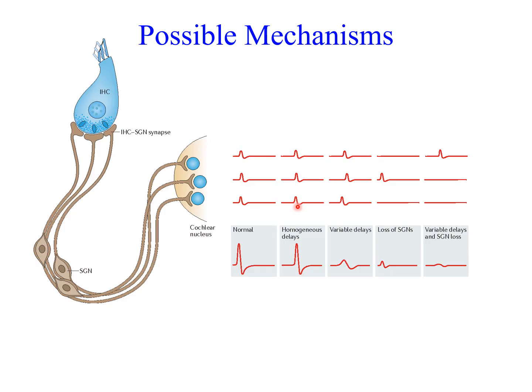All action potentials got delayed, say 1 millisecond. When you add them all together, they still give you a very nice looking waveform. It's just delayed for 1 millisecond as an example. So if the delays are constant, it's not really a big issue because the recorded waveform will be just delayed with that constant amount.